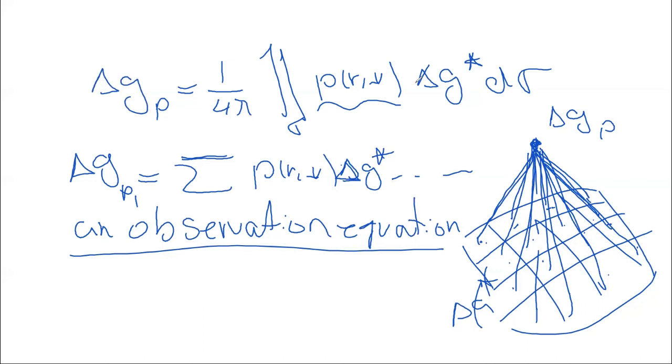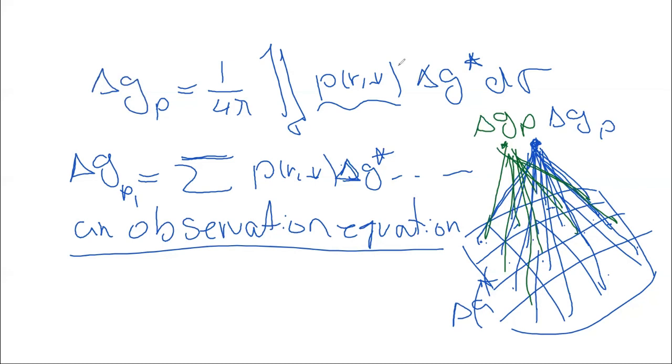You need to have another gravity point. Then from this point, you will write again kernels between this point and all the gravity anomalies down at the boundary. You will have the second equation.